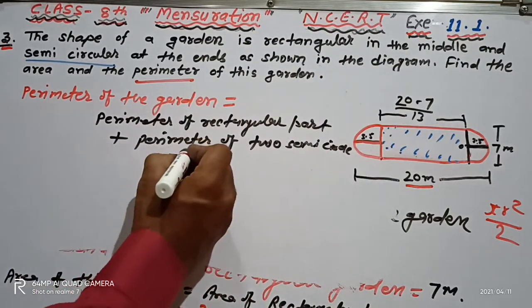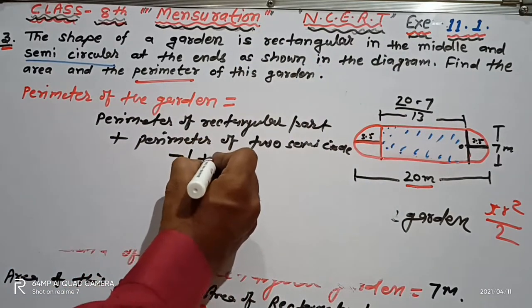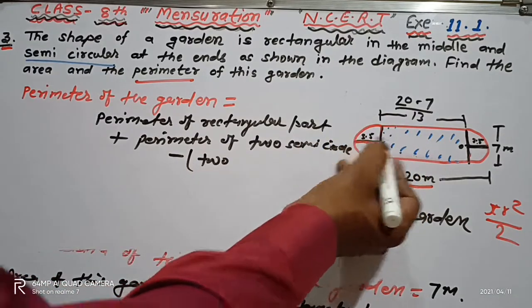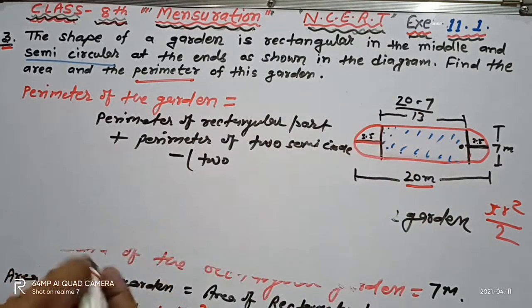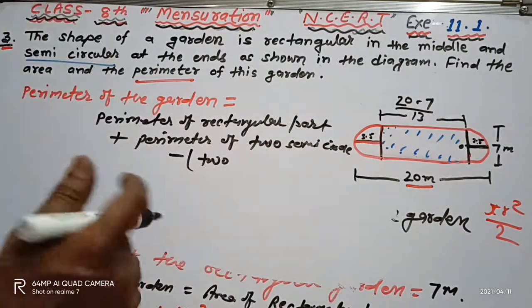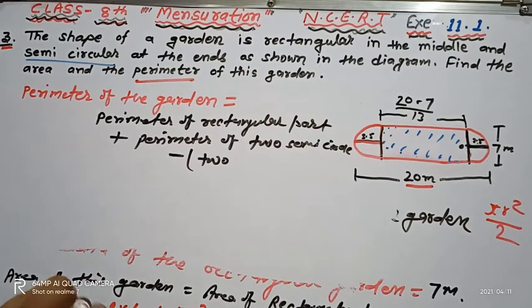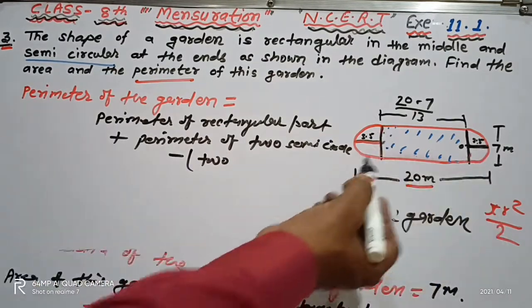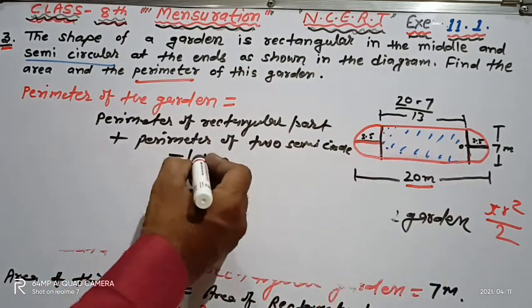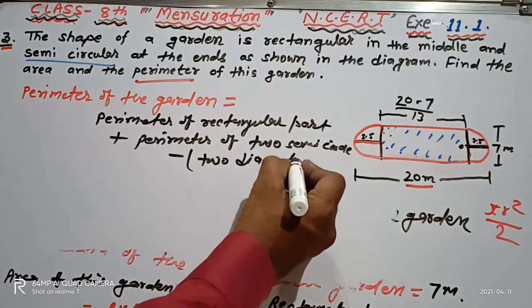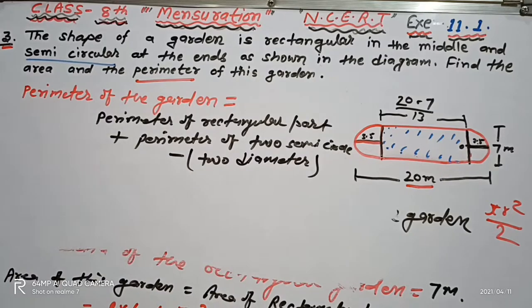There will be minus 2, because this part comes in the semicircle and also in the rectangular part. So at least in one only we will take. If I have taken it already in the rectangular part, then definitely both sides this diameter we have to subtract. So minus 2 diameter we have to subtract. In this way we can get all these things.